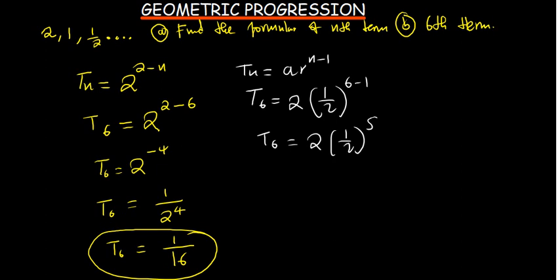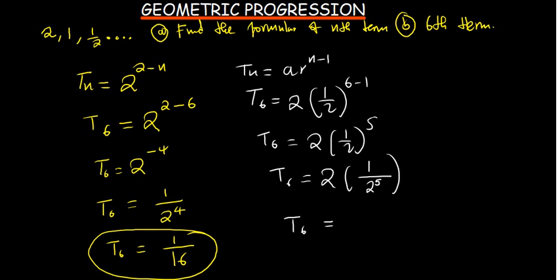And here again from indices, we can say this is 2 times 1 to the power 5, that is just 1, and then we are going to have also 2 to the power 5, like that. And 2 to the power 5, this is not 25, this is 2 to the power 5. Let me write it properly. Okay, we know that 2 to the power 5 is 32.